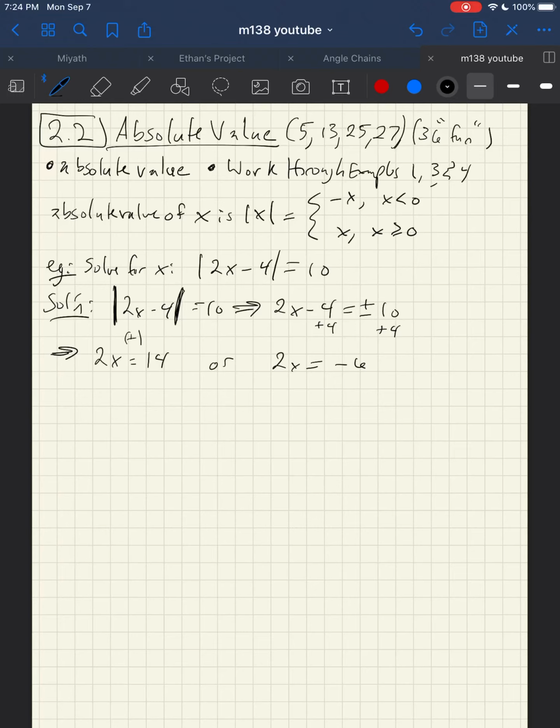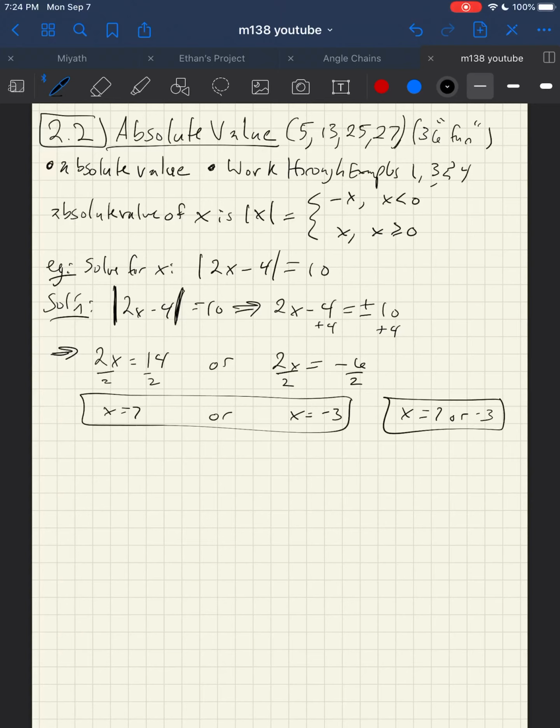This was the plus one, and this was the minus one, of this plus and minus. So then we can solve each of these: divide by 2, get x equals 7, or divide by 2, get x equals negative 3. So my final answer is x equals 7 or negative 3. You can do that as well.